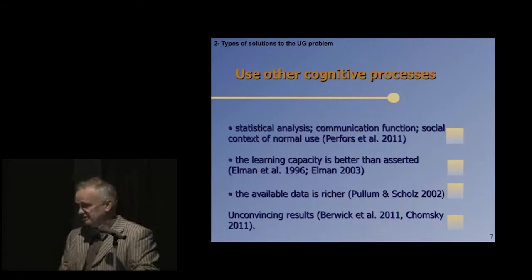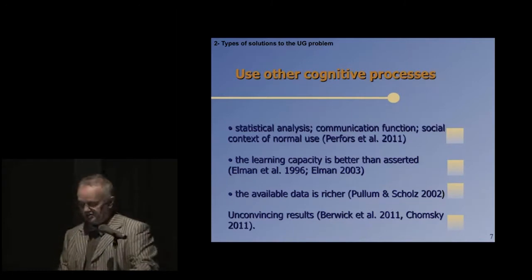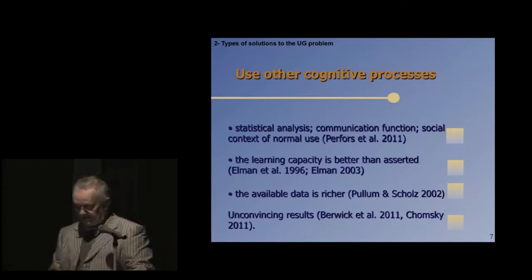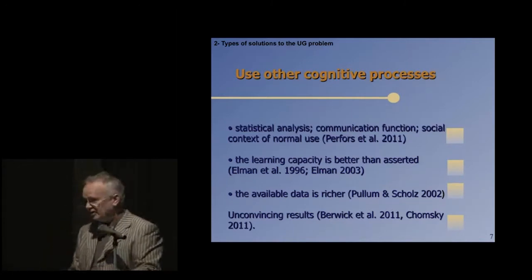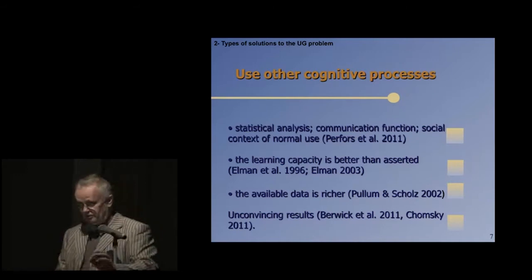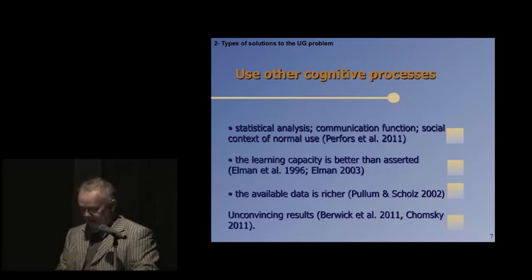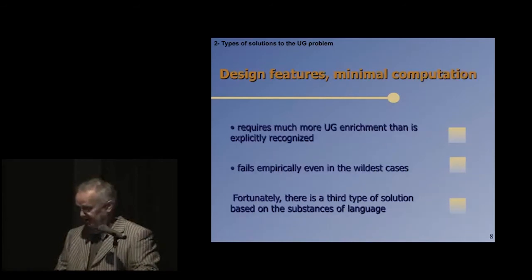And a third solution will be to say something like, the available data is actually richer than what we think. That's the position of Pullum and Scholz, for example, in 2002. But those results are rather unconvincing when you look at the data in detail, and this has been summarized in Berwick et al. 2011 and Chomsky 2011. So the first position, though there are a few things there, on the whole is not very successful.